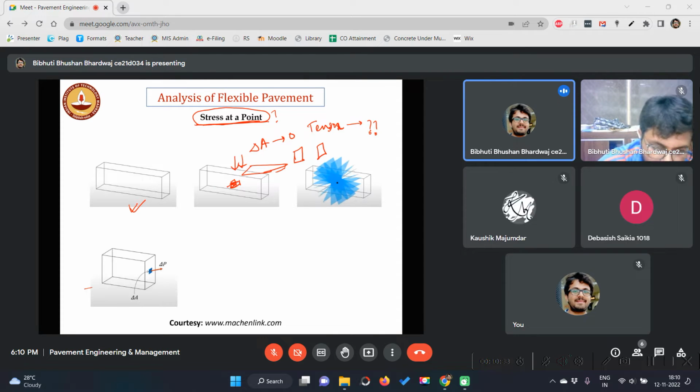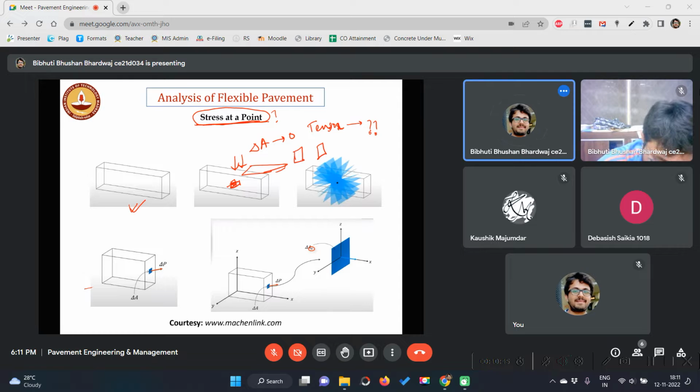So we can assume different surfaces. First, let's assume it to be like this. Then we can find this surface and its direction. How is the direction of a surface defined?